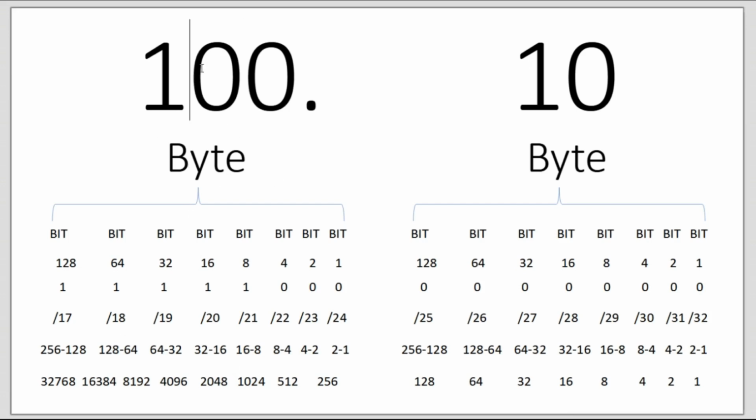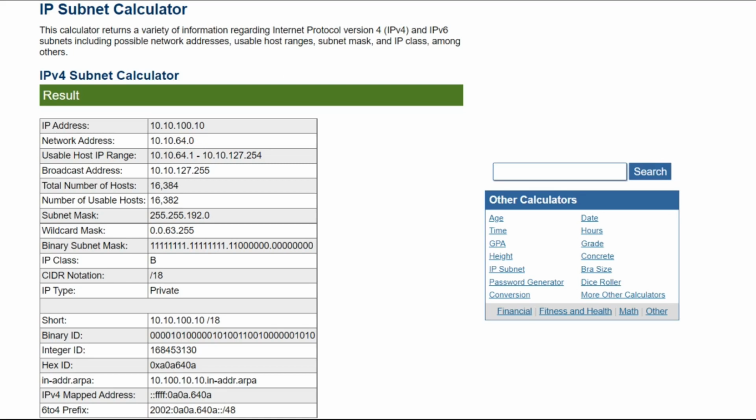Let's say it is 200 with /17. What happens? You see from 128 to 256.